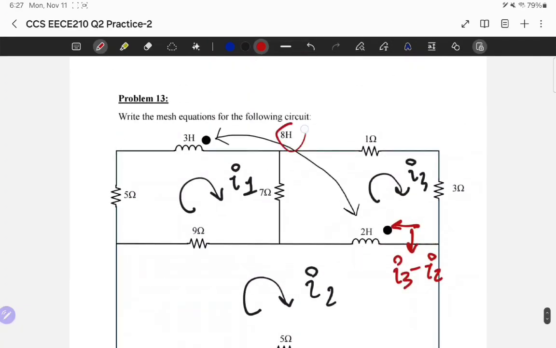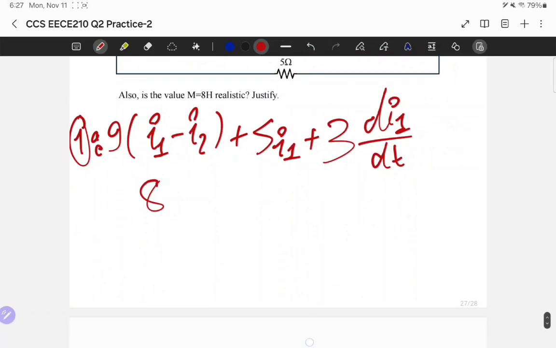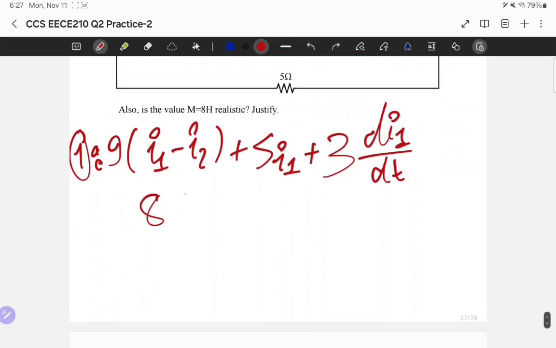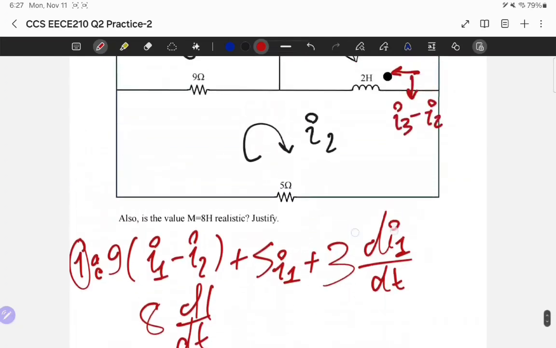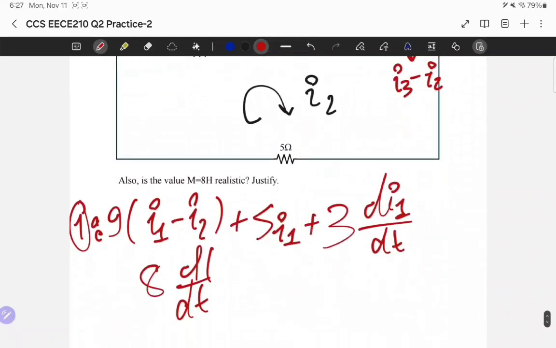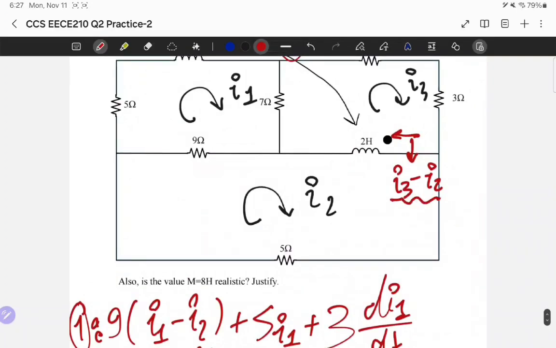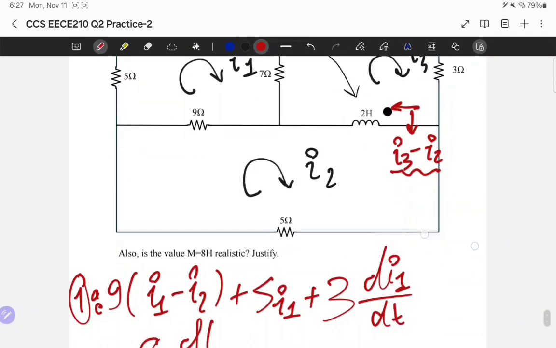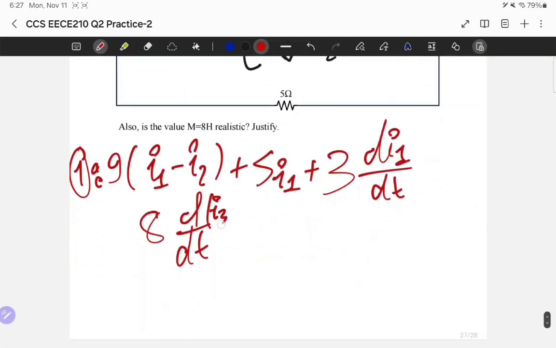So I get this 8 and put it in front. I'm not gonna include the sign yet. We're gonna see. d/dt. Now, sorry, the d/dt is for this current that is entering the dot of the other inductor. So I3 minus I2.